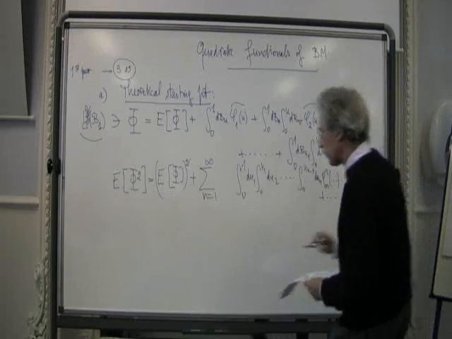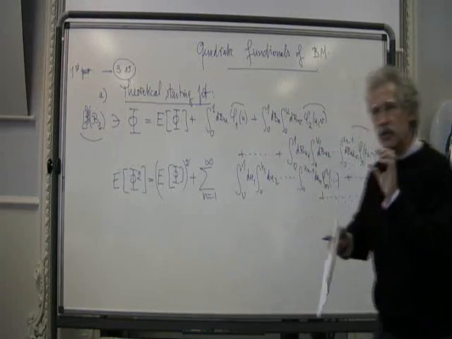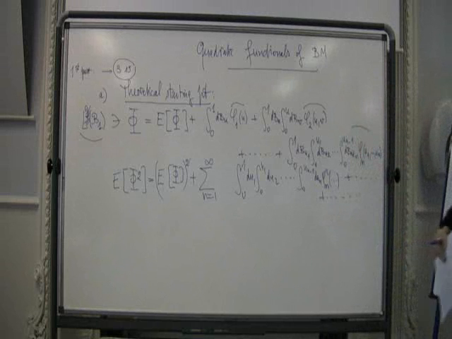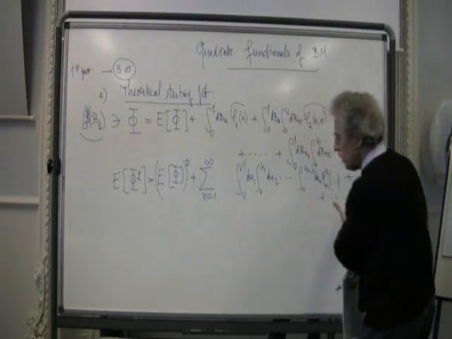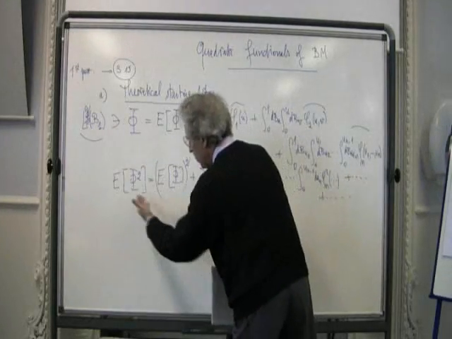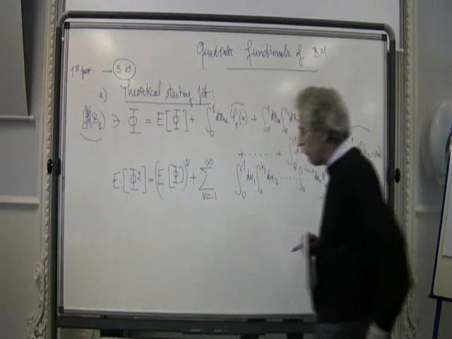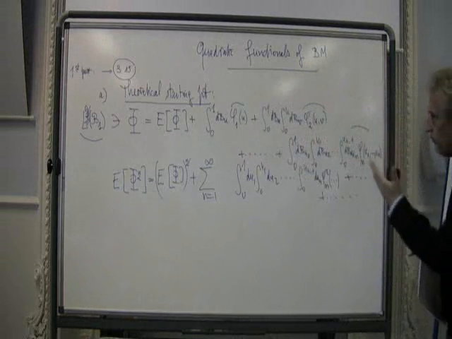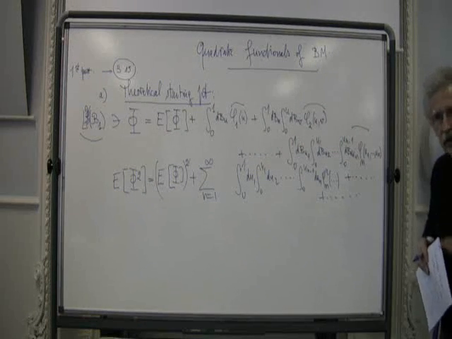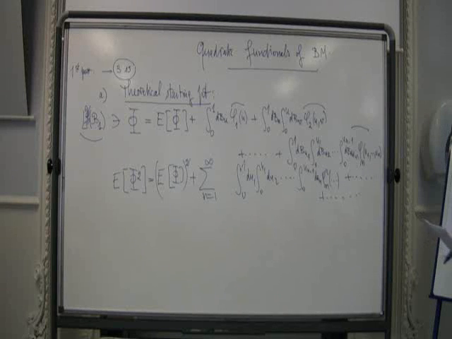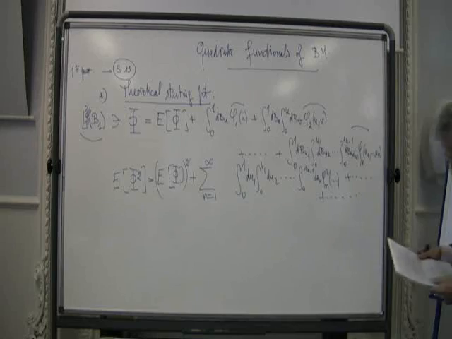So you have all these deterministic functions which are in L2 of their corresponding spaces. The series sums up and needs to be finite in order to define a functional phi which is square integrable and depends on the entire Brownian motion up to time 1.